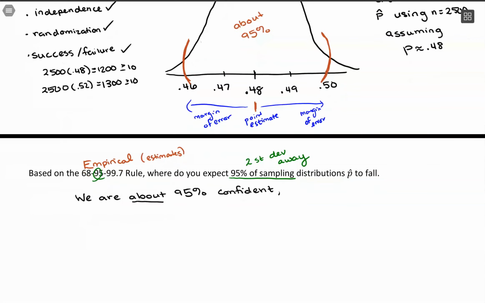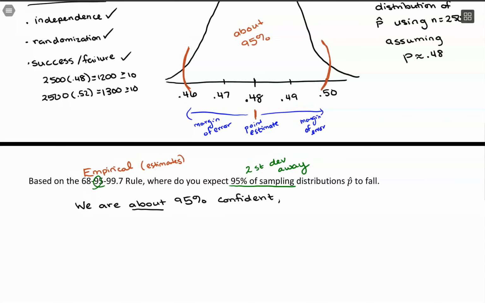So we're about 95% confident that, and I'm going to put this in terms of our population, the proportion of all HR professionals that use social networking sites to research job applicants, which I know is a long sentence.